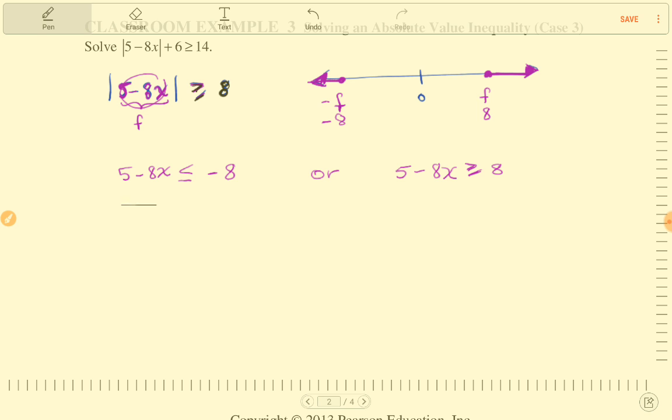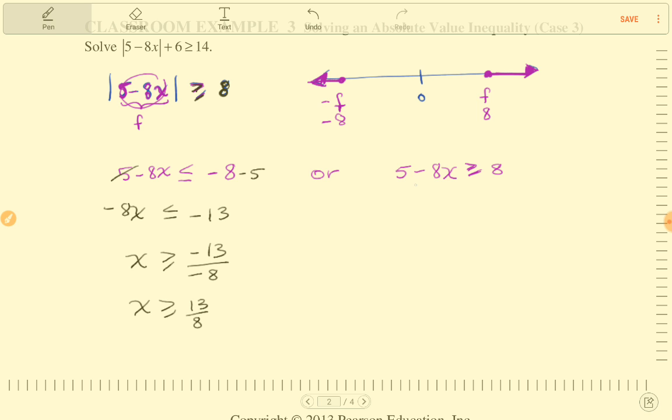All right, so I'll go ahead and do the inverse operations to isolate x on each one of my inequalities here. So first I'll have negative 8x is less than or equal to negative 8 minus 5, so that'll be negative 13. Then I'm going to be dividing by a negative, so I know I need to turn my symbol around, and then I'm going to have x is greater than or equal to negative 13 over negative 8, which results in positive 13 over 8 as one of my boundaries.